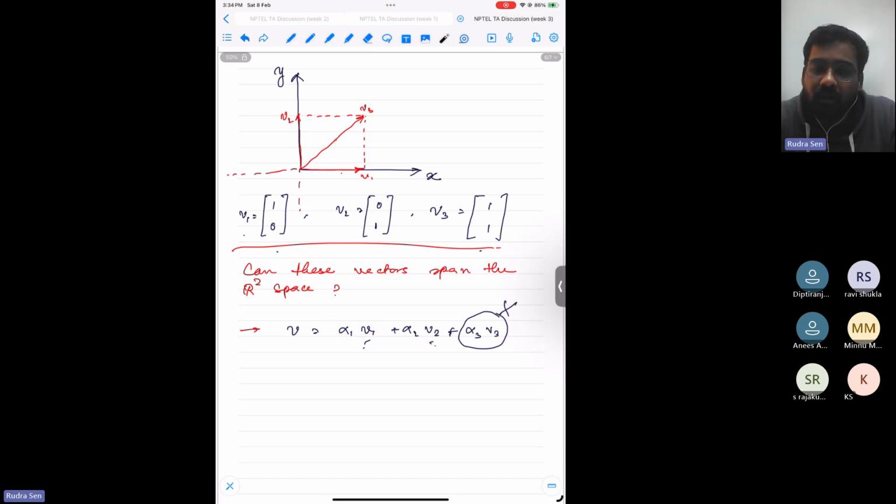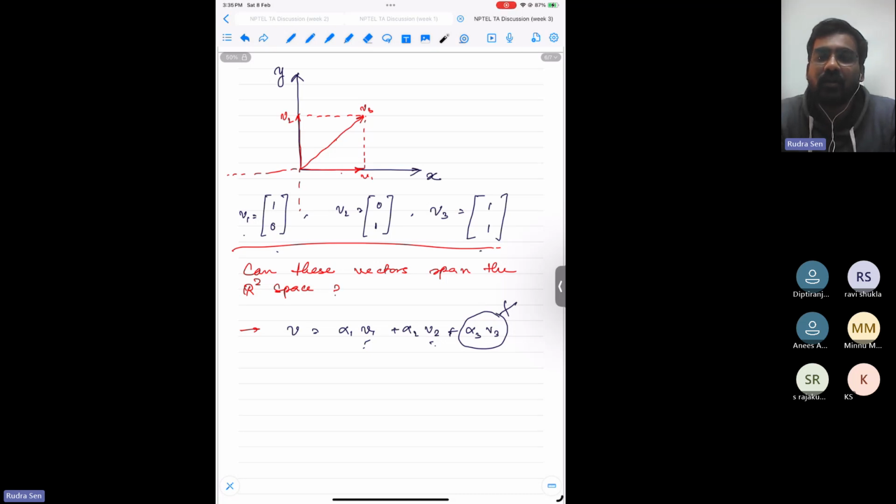We do not need V1. Similarly, V1 and V3 are sufficient to span the space. We do not need V2. So to span the R2 space, only two linearly independent vectors are required, not three. That means the third one is extra.